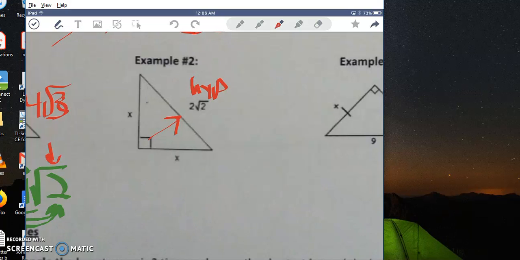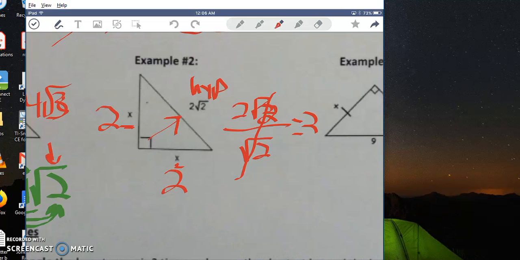So to get the legs, we take 2 radical 2 divided by radical 2. These cancel out. The only thing you have left is the 2. So both legs are going to be 2.